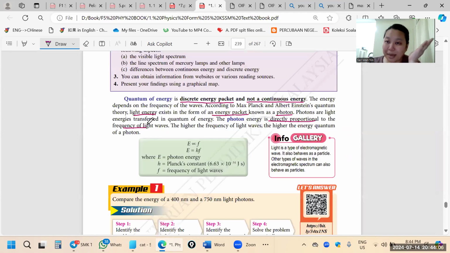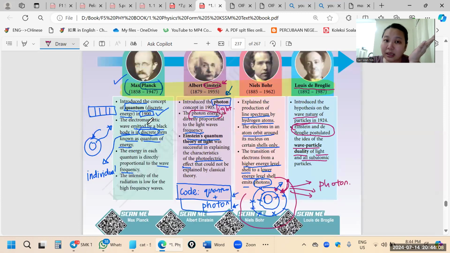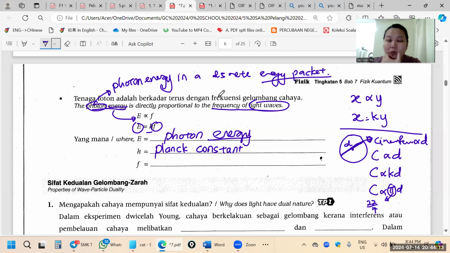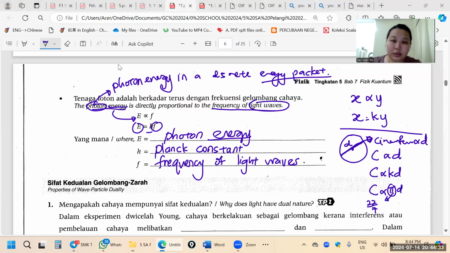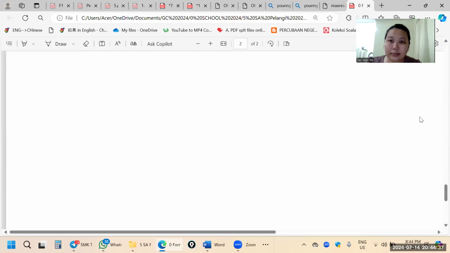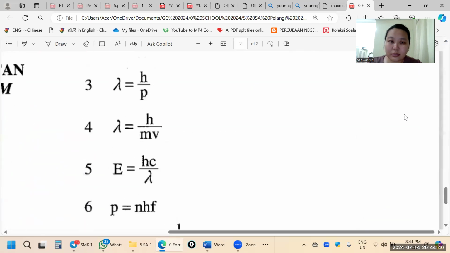Who is Planck? Max Planck, because he introduced quantum. He also named the constant. And F is the frequency of the light wave. What is the Planck constant? It's in your formula, don't worry.